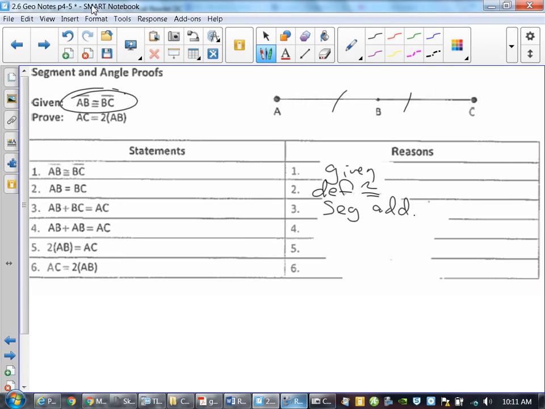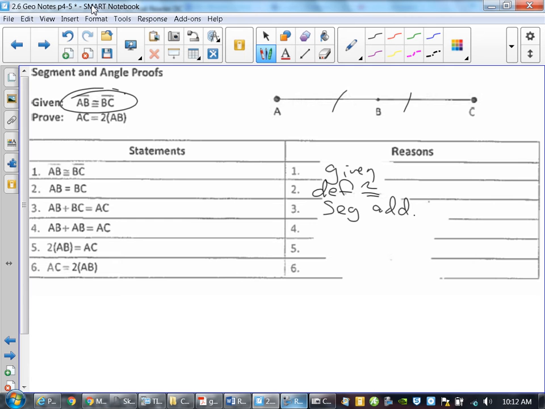Well, what do you use when two smaller segments equal a larger one? Segment addition. I didn't even need to worry about my progression sheet for that, because I can see small segment, big segment. Small segment, big segment. Hey, I remember that. Segment addition. Yay.